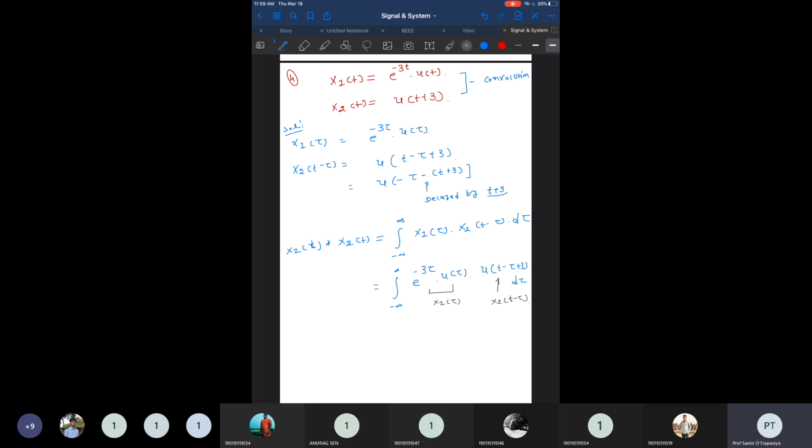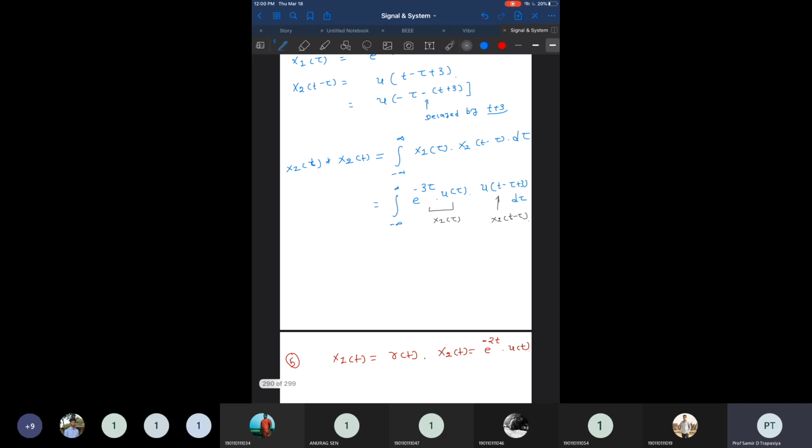Now we want to change the integration limits from minus infinity to the actual limits. So here we need to understand the region in which u of tau and u of t minus tau plus 3 are both 1. First we find u of tau.